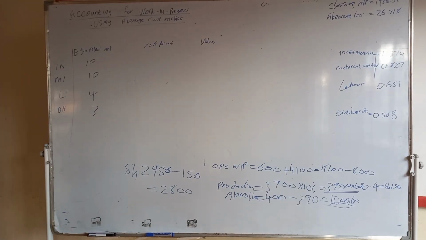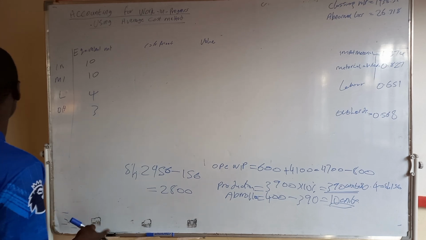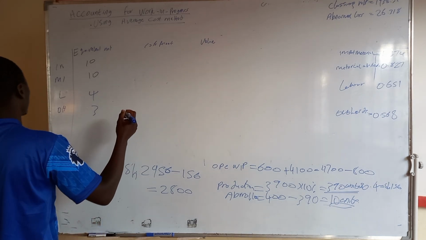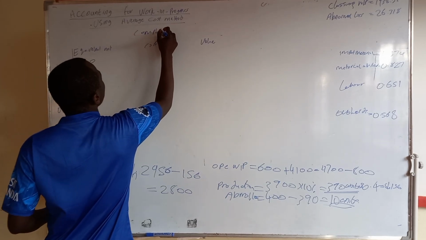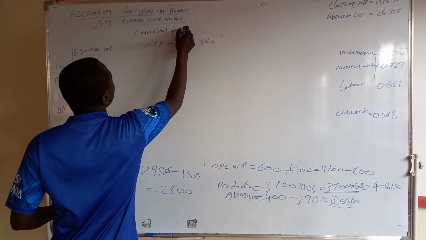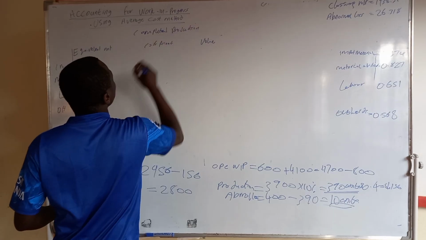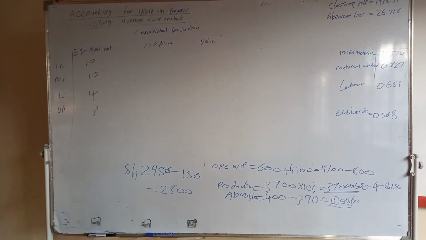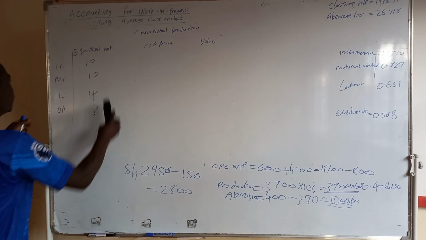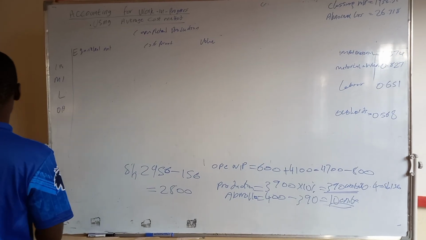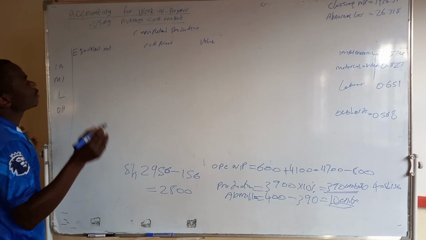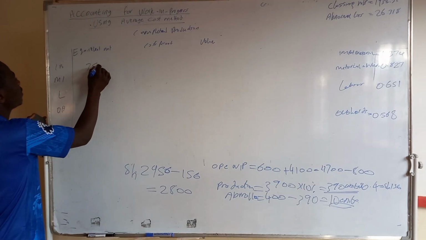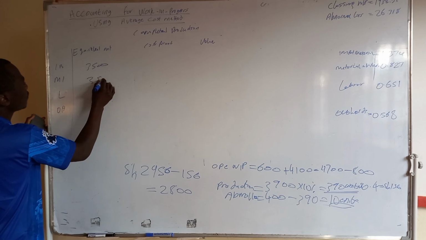Completed production is what we transfer to the next process, that is 3,500.